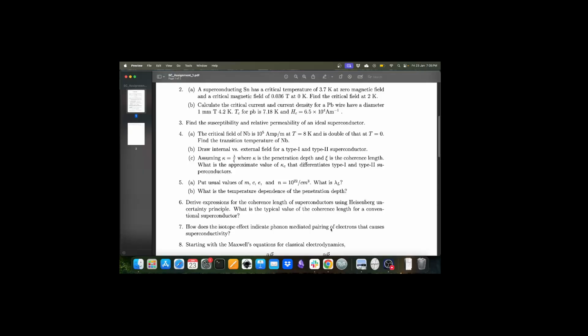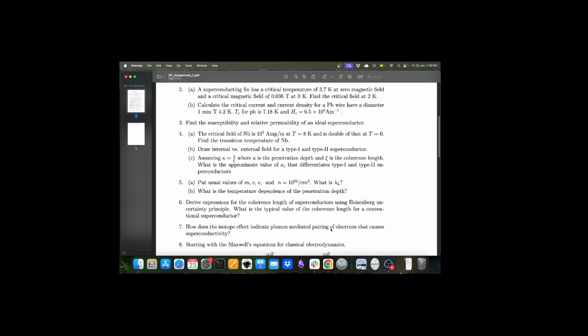So you have Hc at 0, Tc you know, T you know, so then you can find Hc at 4.2 Kelvin, and then you just plug in there. So r equal to D by 2, and don't forget to convert everything to SI units.